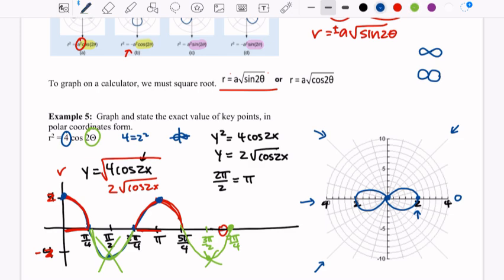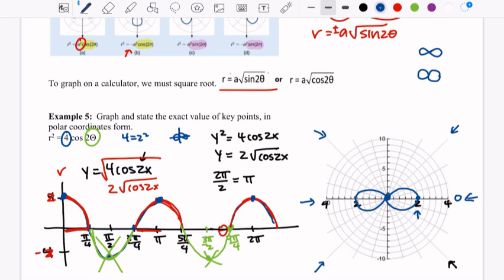So 7 pi over 4 would have ended up here, and then this would have been 8 pi over 4, so this would have been 2 pi, and then let's get there. Okay, so 7 pi over 4 is here, so 7 pi over 4 was back to 0, and then 2 pi got us back to 2.